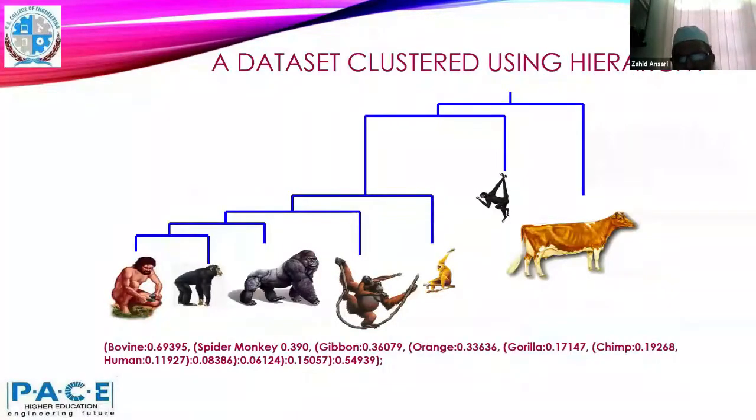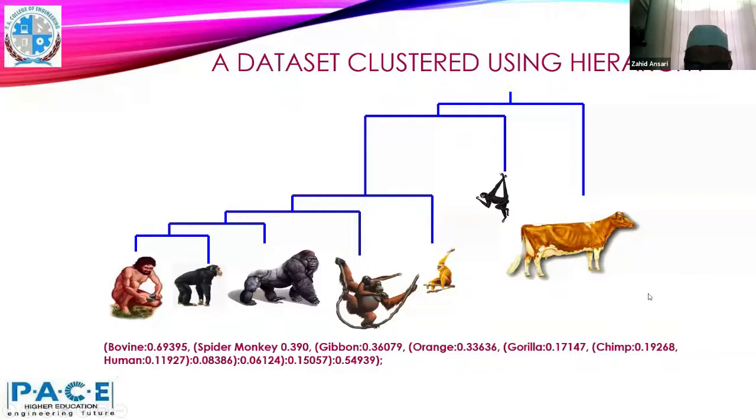So dendrograms can be used for various things like this, as we discussed: the animal evolution hierarchy, what is close to what, and based on that they are clustered. Darwin's theory and how the evolution happened. Using hierarchical clustering, you can have such a hierarchy of the classification of various living beings.